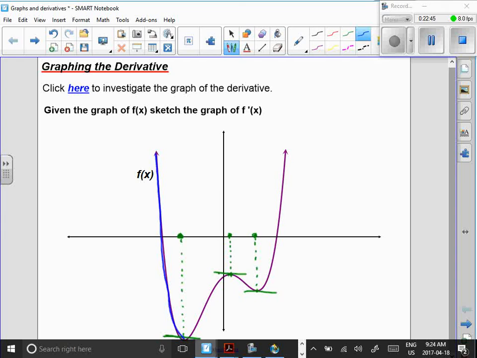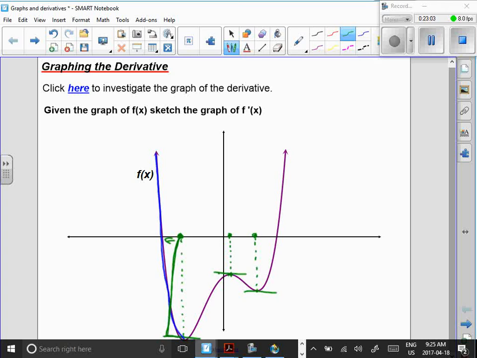Yes. Okay, so the slope of the tangent is negative. The derivative shows the slope of the tangent. So everywhere to the left of that point, the slope of the tangent is negative. The derivative is negative up to there.